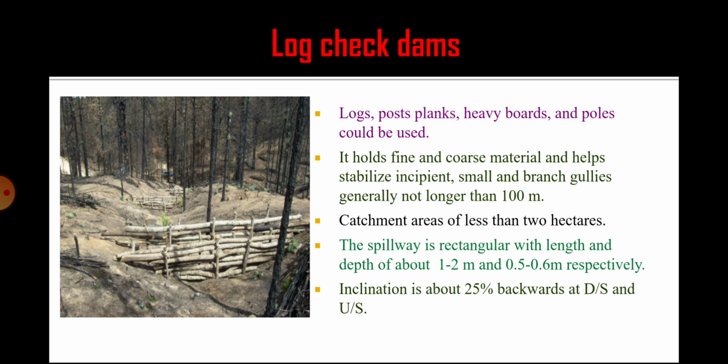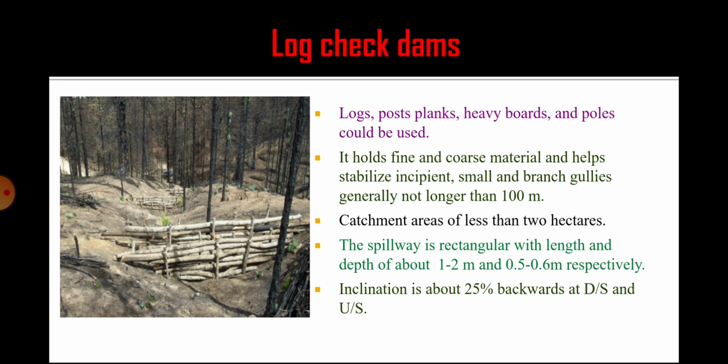Similarly, for another area, particularly forest where logs are available, to control gully erosion we can use a log check dam, where the log must be a wooden log, or you can say trunks of trees placed across the gullies at a certain height, so that the flow of runoff would be restricted, and deposition will take place at a certain point.